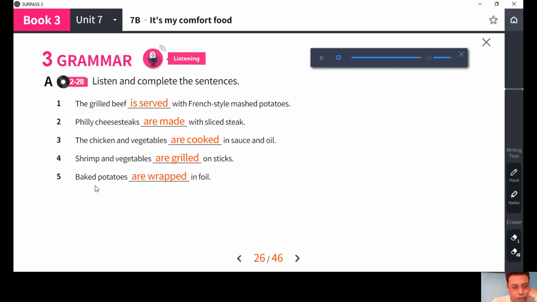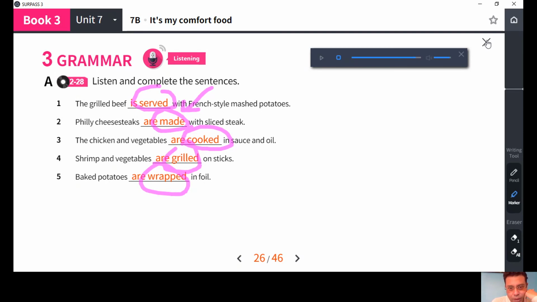Are, because we have potatoes in plural, and the verb takes ed. If you consider the verbs in this activity, most are regular. Only make and made is irregular. But most of the time we use regular verbs. But be careful: if it's an irregular verb, you have to check the past participle of that verb.